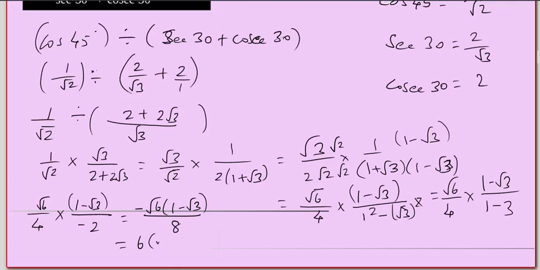So what will happen? Root 3 is positive and 1 is negative, divided by 8. Okay, root 6 into root 3 minus 1 by 8. So we can leave it as it is, no issue. Okay, the denominator we have to rationalize, that's it.